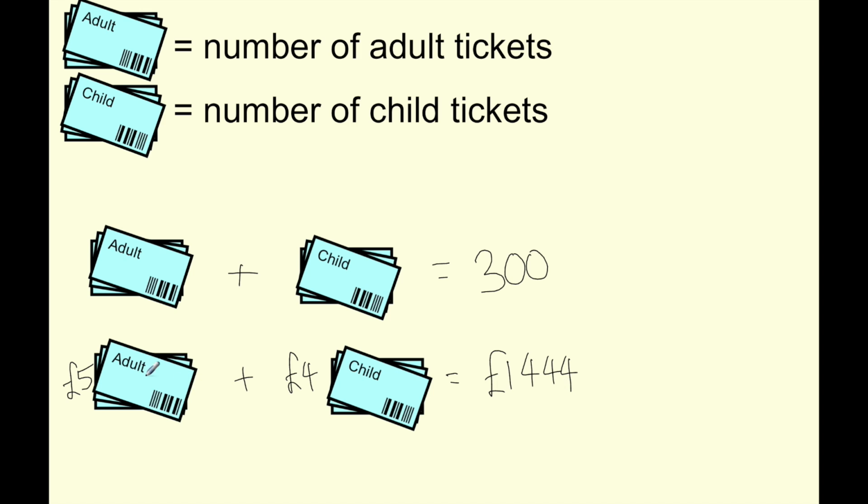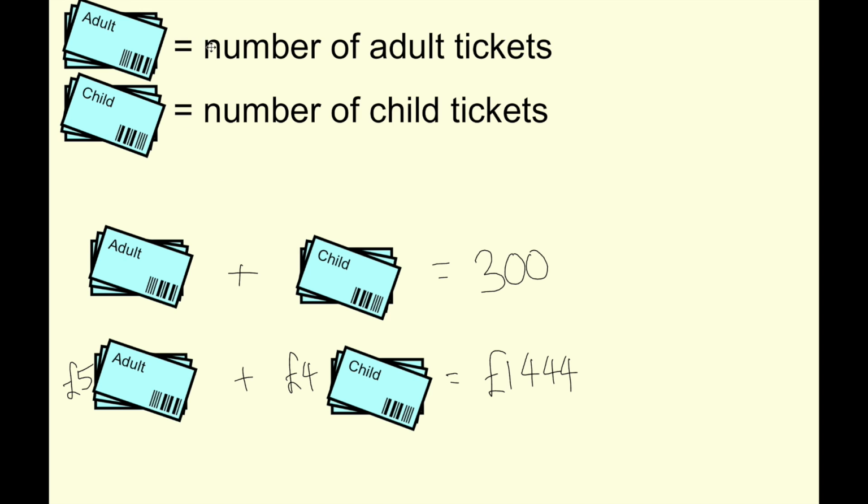Okay, so we've got the number of adult tickets at £5, so we can multiply those. A certain number multiplied by the £5 plus the certain number of child tickets multiplied by the £4 will equal the £1,444.